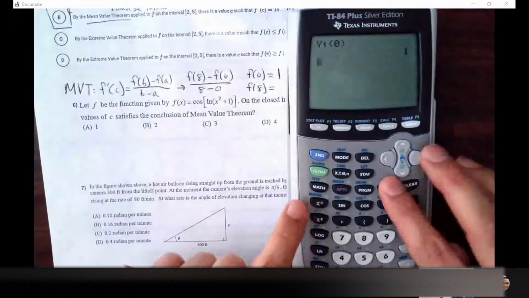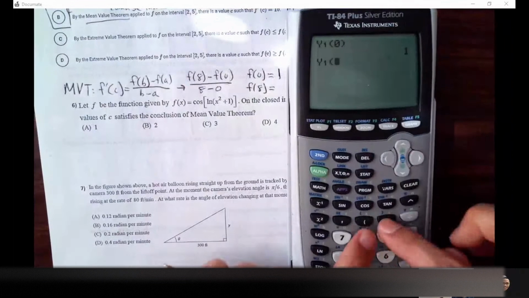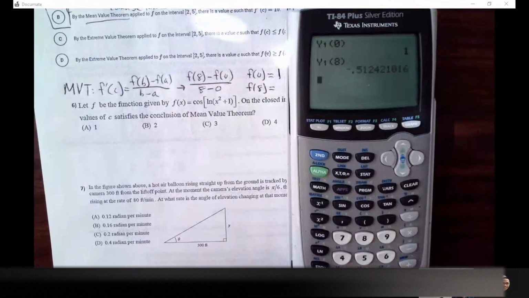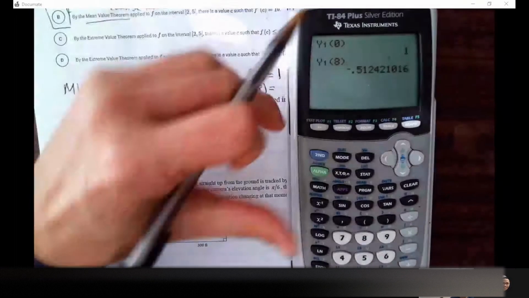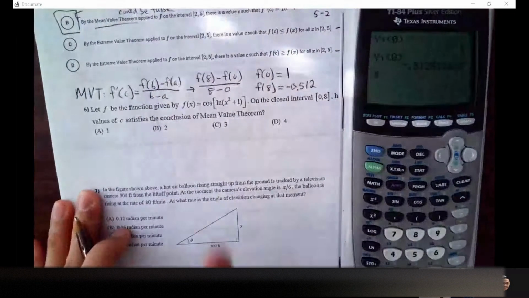I'm going to find my y value at 8, so vars, y vars, function. It's going to give me a y value of negative 0.512. I do change in y over change in x, so I can find my slope.